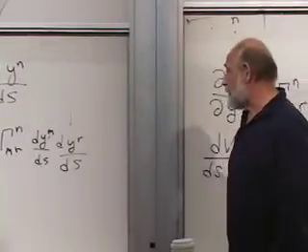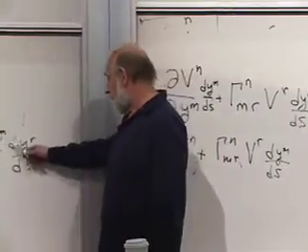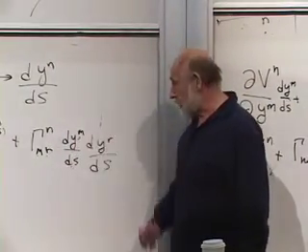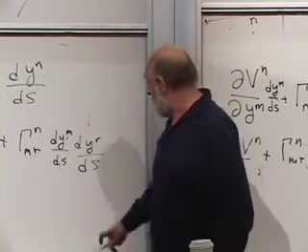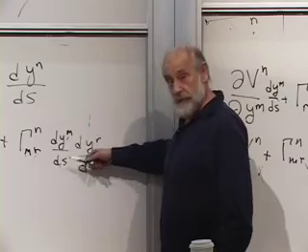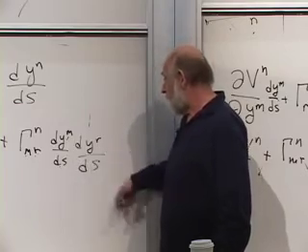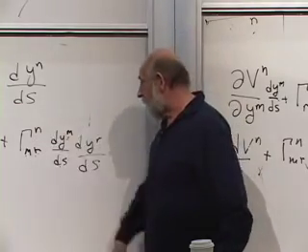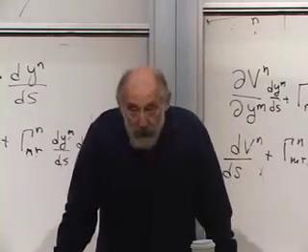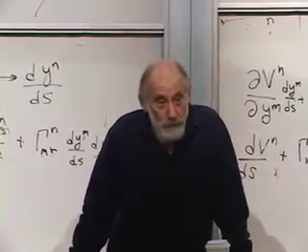The force is proportional, first of all, to the Christoffel symbol. That's the most important thing about it. Forget these other things for a moment. What does this contain? It contains derivatives of the metric with respect to position.